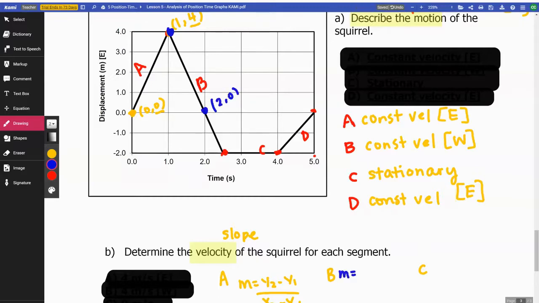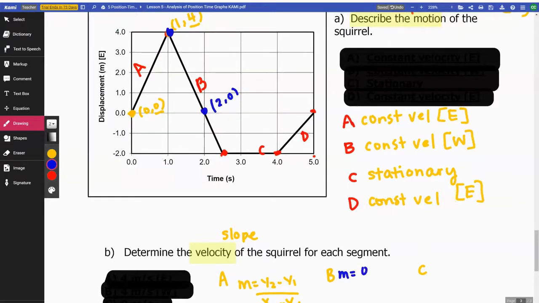The slope is y2 minus y1 over x2 minus x1. So remember, this is 1 and this is 2 now, right? The later time is always the 2.